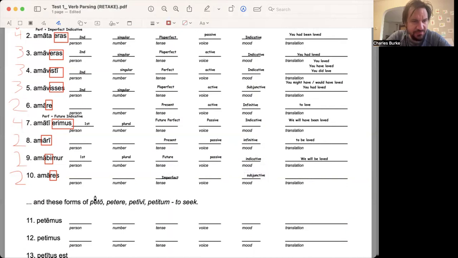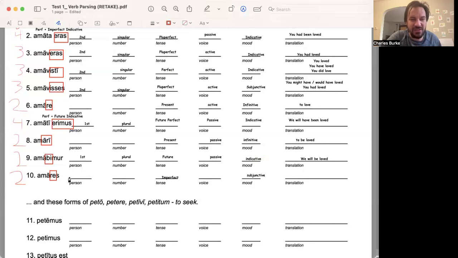Now, again, second principal part, I can only know the voice by looking at the ending, and the ending is S. So don't get this confused with amaris, where the ending would be ris, because that would have an I there.